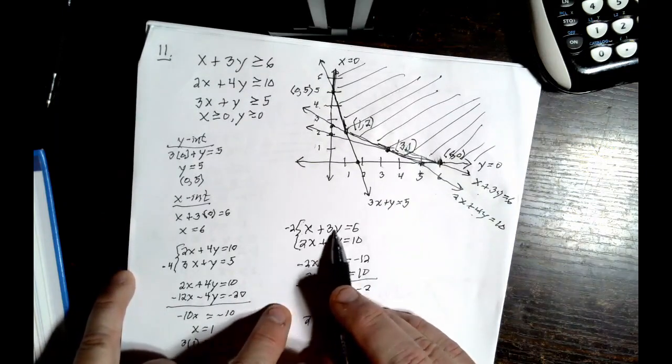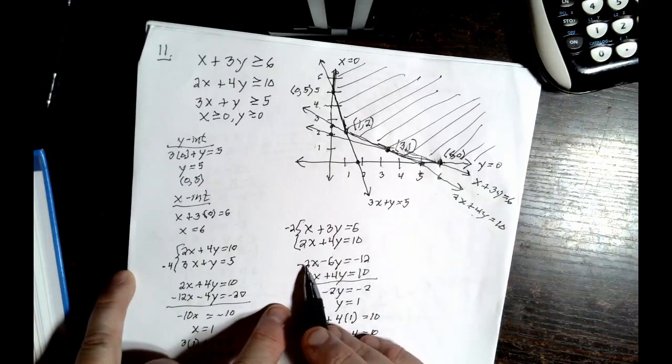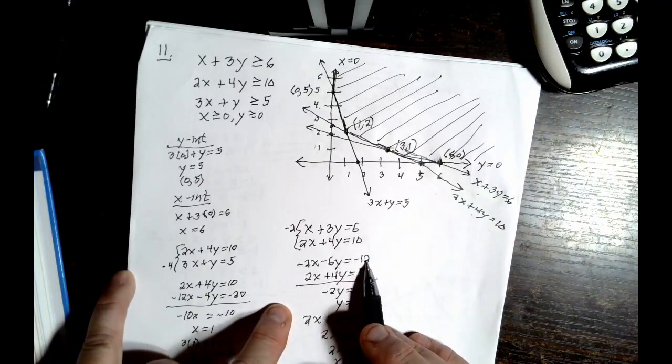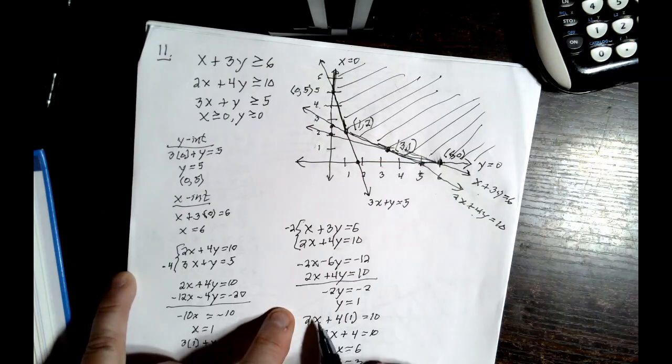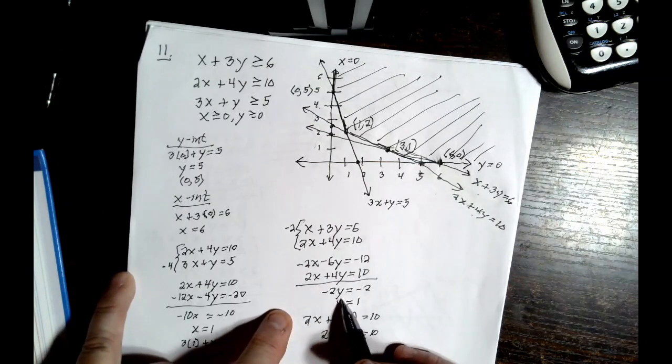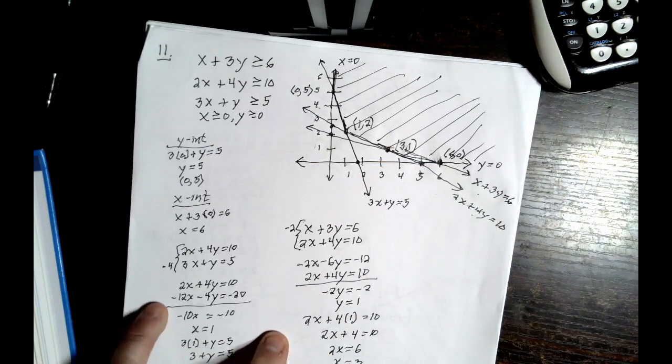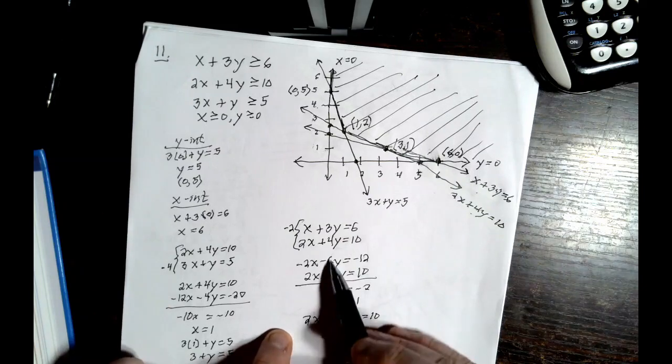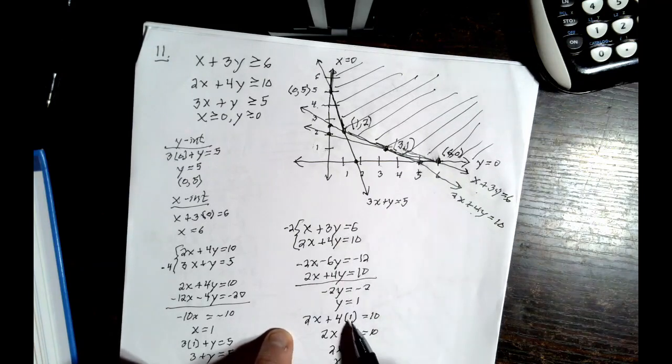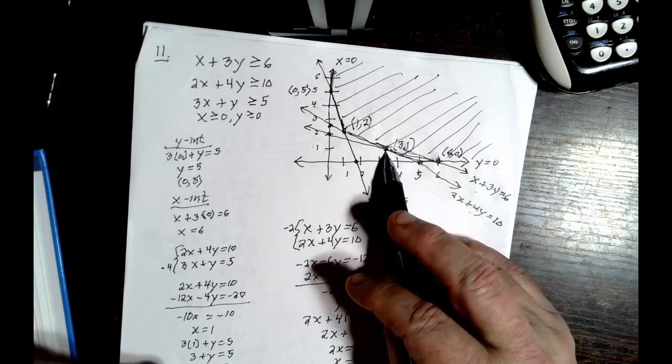So you multiply everything in that first row by negative 2. So you get negative 2x, negative 6x, negative 12. Then when you add, you get negative 2y equals negative 2, or y equals positive 1. And I went back to either equation to plug in 1 for y, and I solved it and I got x equals 3. So that's the point, 3, 1.